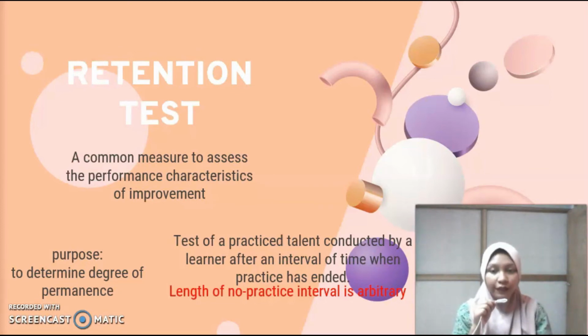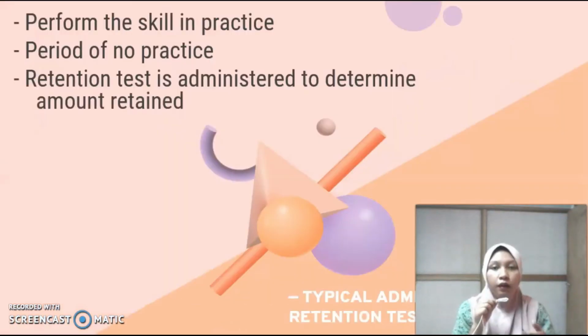The purpose of this test is to assess permanence of the performance level achieved during practice. Typical administration is that they perform the skill in practice, then a period of no practice, and then it is administered to determine the amount retained.